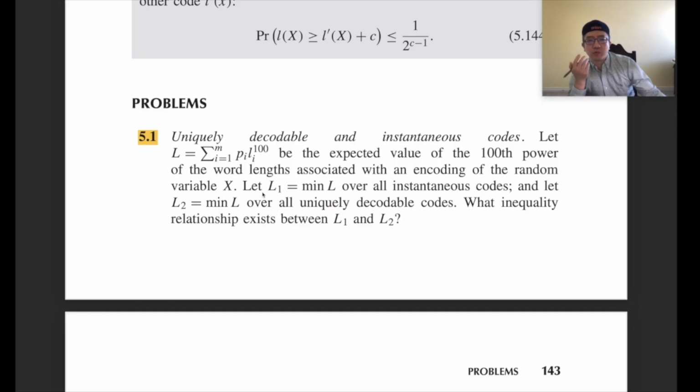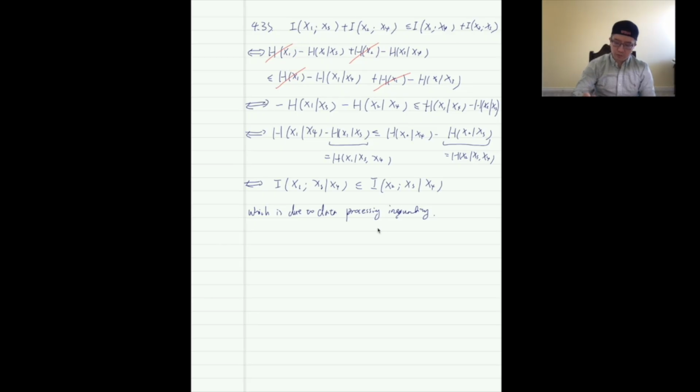Now we have two quantities, L1 and L2, where L1 is the minimum of L over all the prefix or instantaneous codes, but L2 is the minimum over all the uniquely decodable codes. Now it asks you to find the relationship between L1 and L2. Basically, we need to answer which one is bigger.